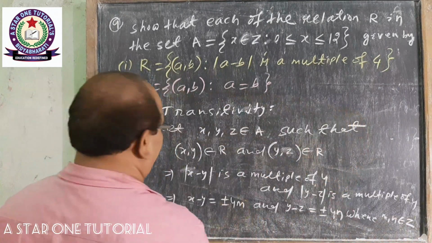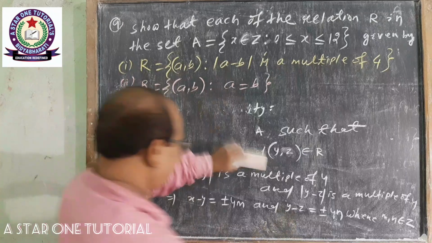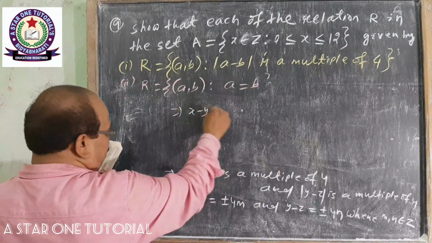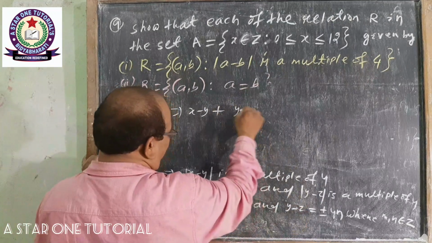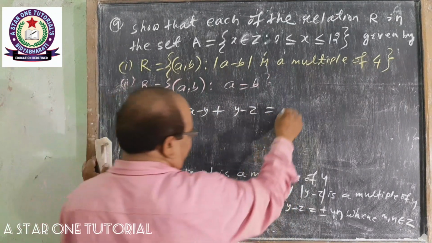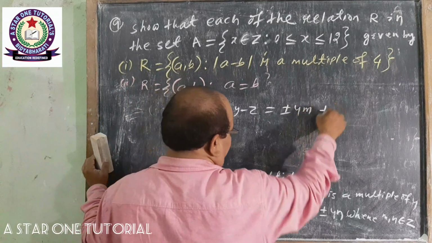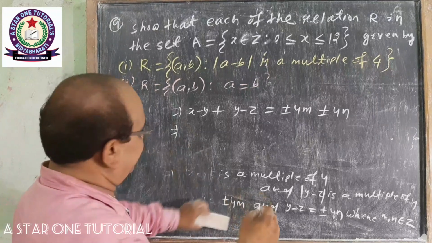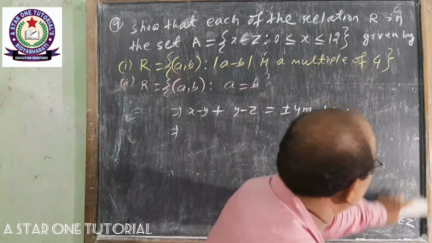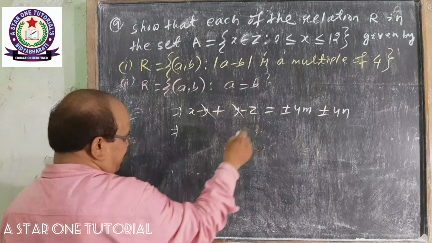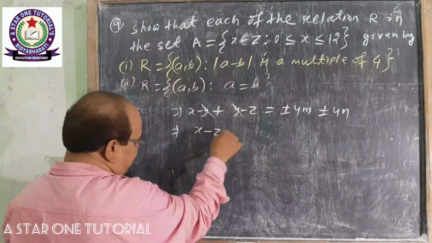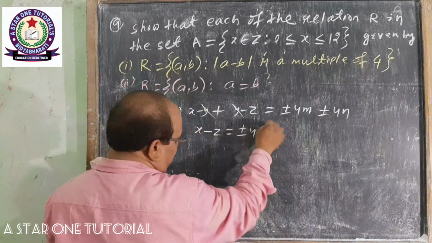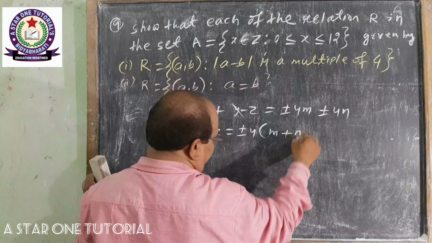Okay, let us add these two relations. That implies x minus y plus y minus z is equal to plus or minus 4m, plus or minus 4n. In the left hand side, minus y and plus y cancel each other and the remaining terms are x minus z. In the right hand side, plus or minus 4 is common, so take plus or minus 4 common. Inside the bracket write m plus n.